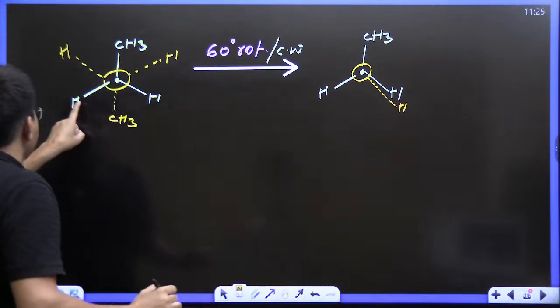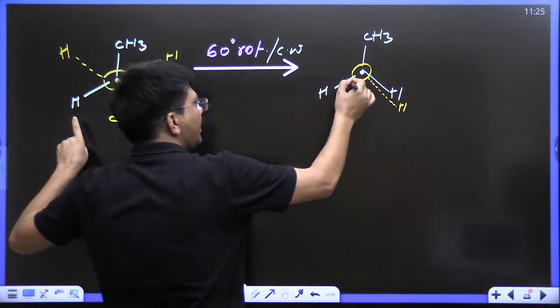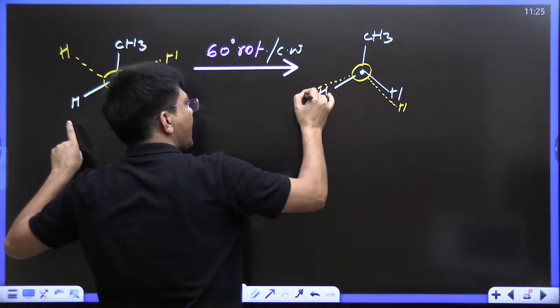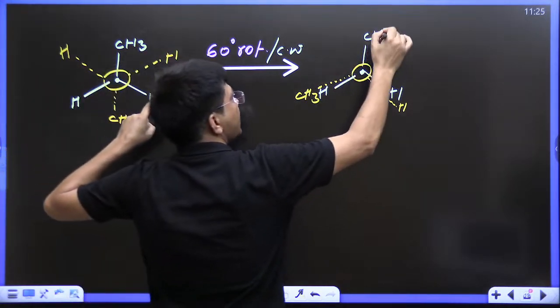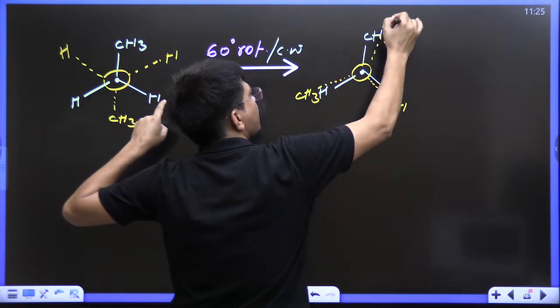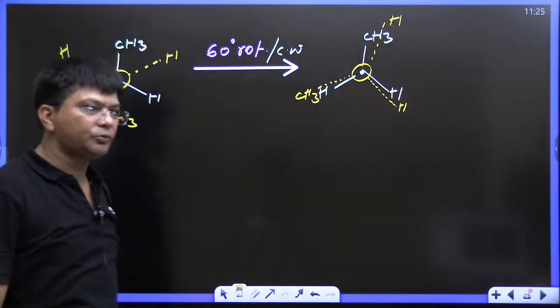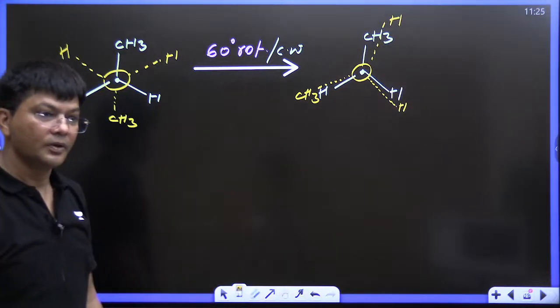Now this methyl will come over there, and the methyl will be visible because methyl is more bulky, and this hydrogen will come over here. Agreed, everyone?